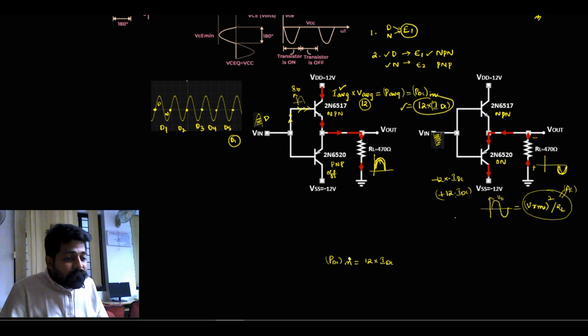The second transistor is as it is, right? PDC input from the second transistor is 12 times IDC.